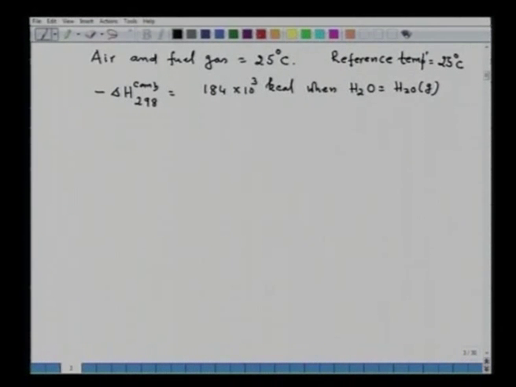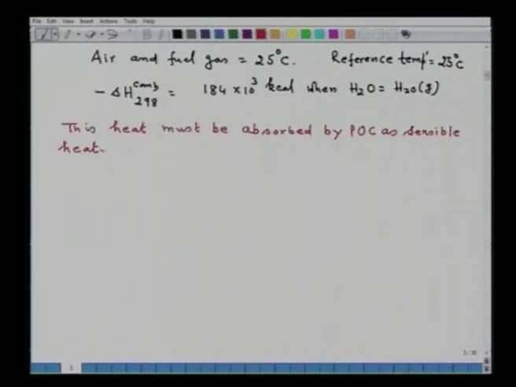Now this heat which we have calculated must be absorbed by products of combustion as sensible heat.